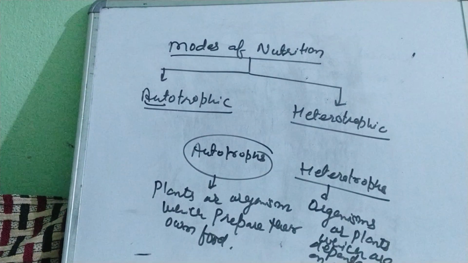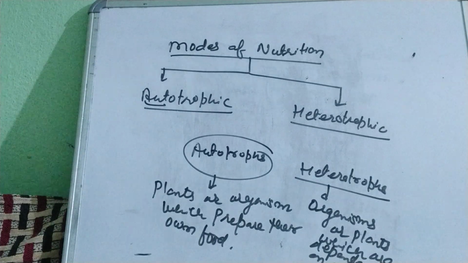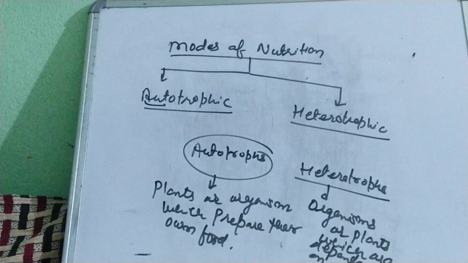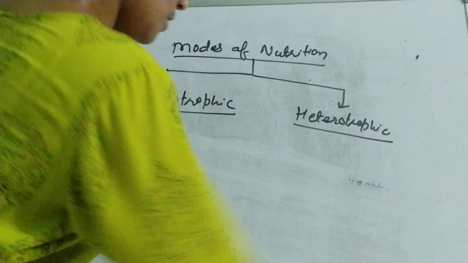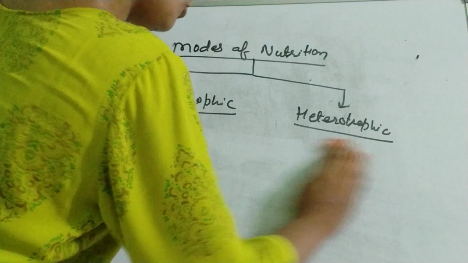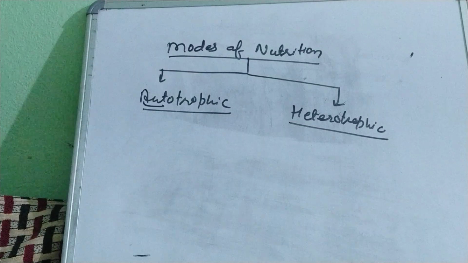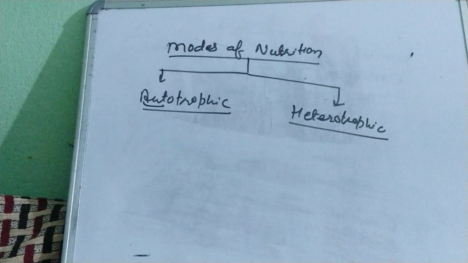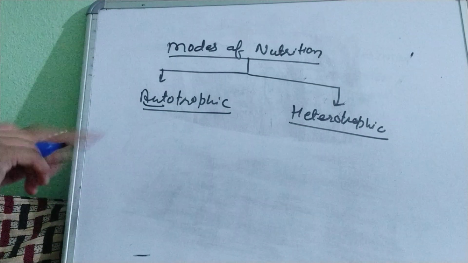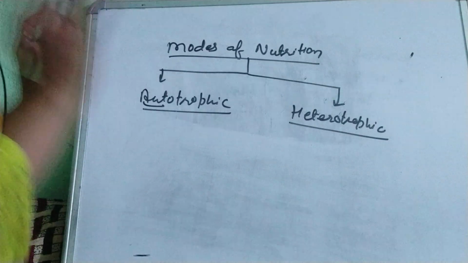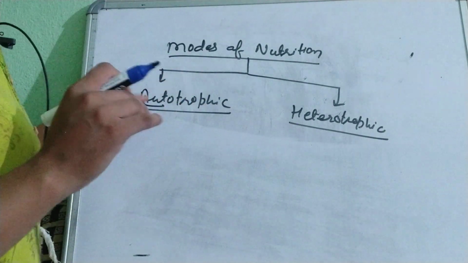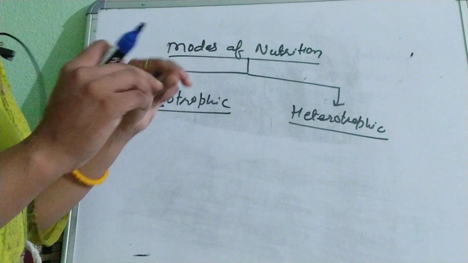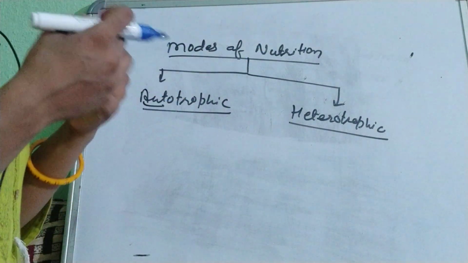Now we have to discuss the different modes, autotrophic modes and heterotrophic modes. Now see, how will you differentiate autotrophic and heterotrophic? One term you always have to include whenever you are defining nutrition is the mode, or you will write the process.